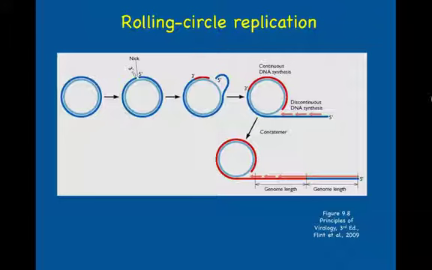So you get this circle, you get your initial nick right here, and then you start to get replication, but you start moving this old DNA off, and then you can get synthesis on here. This circle stays there, and it's just continually making new genomes. So here's your first copy, here's your second copy, and you'll get concatemers out of that you need to cut.